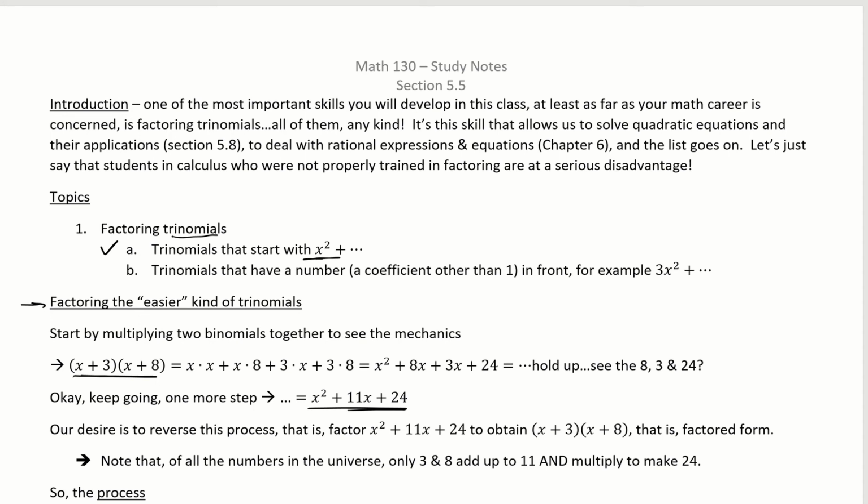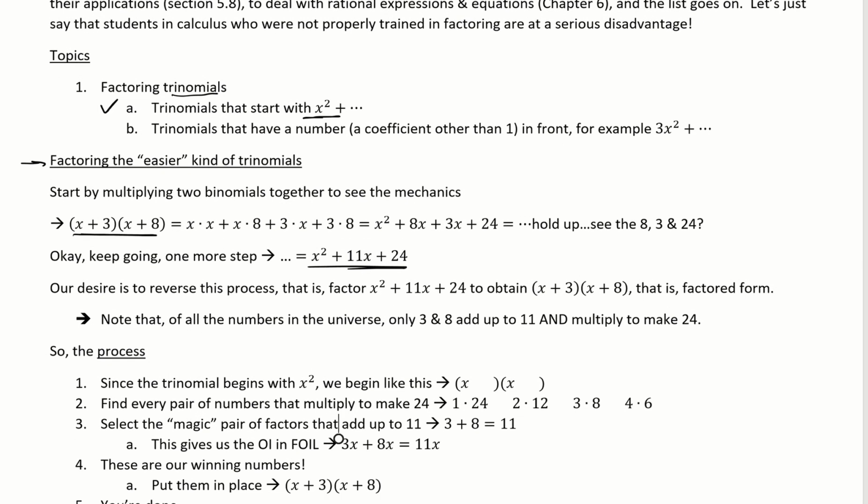Let's start out with just x squared. The way I usually introduce this is I take two binomials and I multiply them together, and I'm really careful to show the mechanics of the FOIL. That's what we're doing, multiplying these two together. Where does the x squared come from?